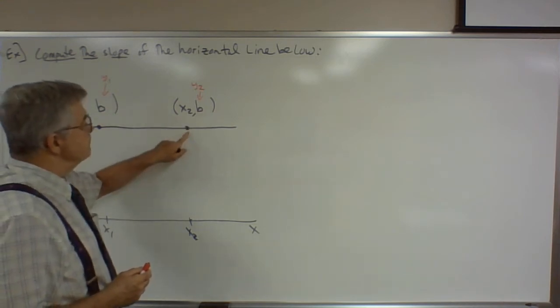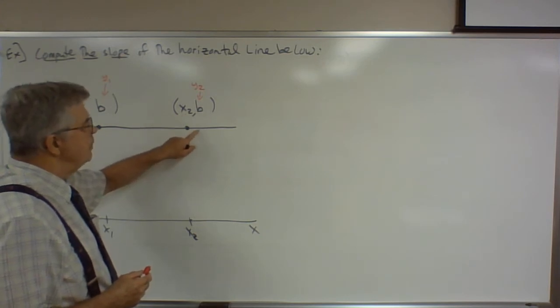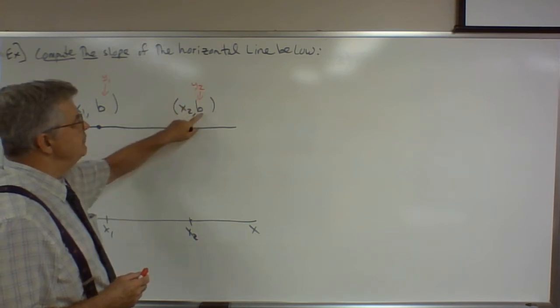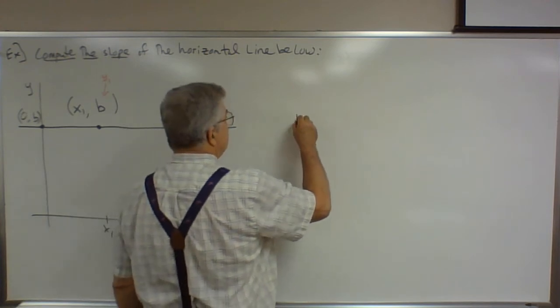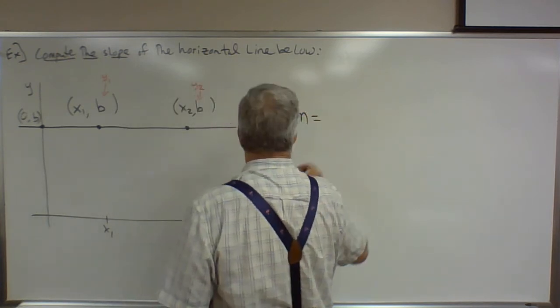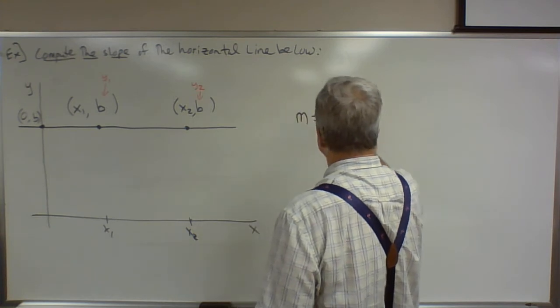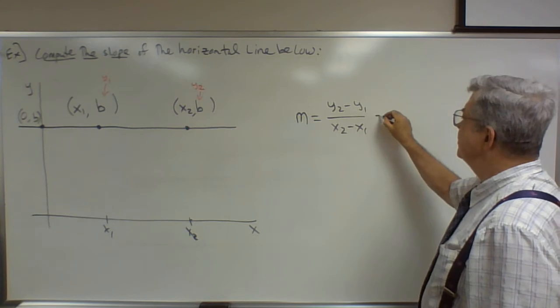And this point, this is the y-coordinate paired with x sub 2. But every y-coordinate on this line is b. So here y sub 2 equals b. And what do we get for slope? Slope equals y2 minus y1 over x2 minus x1.